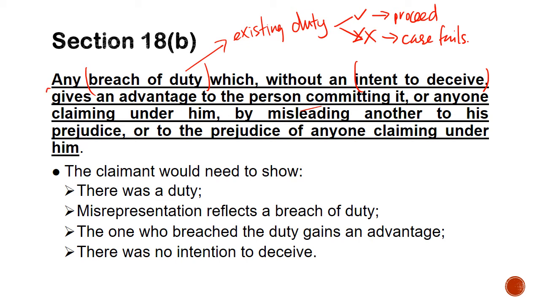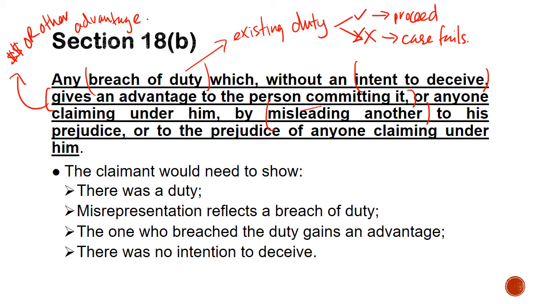It must give some form of advantage to the person committing it. So advantage in terms of payment or any other form of advantage. It must mislead to the detriment of the other person or to the detriment of anyone claiming under him.